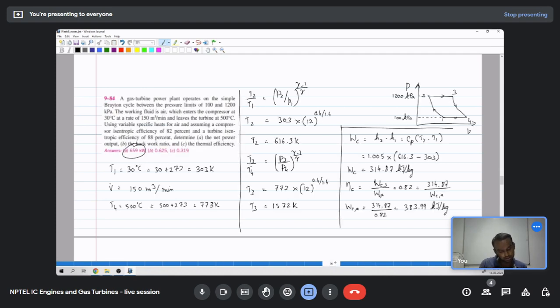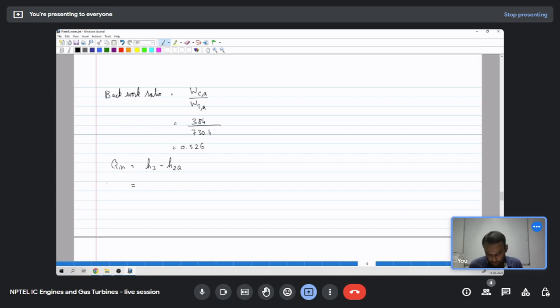We can calculate the temperature at 2A. So we have compressor efficiency as H2 minus H1 by H2A minus H1. This is T2 minus T1 by T2A minus T1.